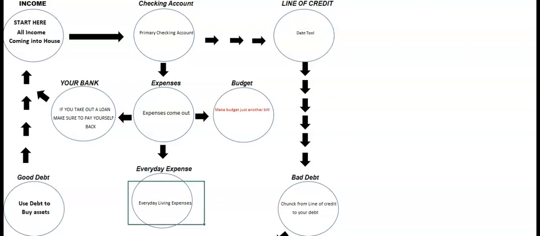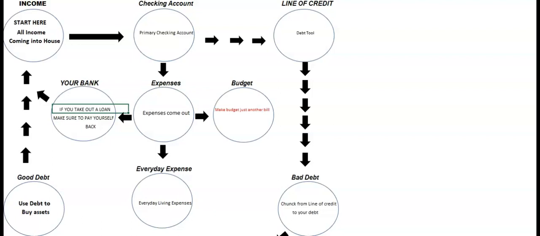You would take a loan to pay for that, and then you add it as an expense, and now you've got it. It will reduce your cash flow a little bit, but that cash flow that's being reduced is going back to you. That's the genius of having this whole thing and having that bank there.